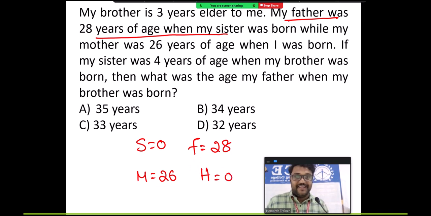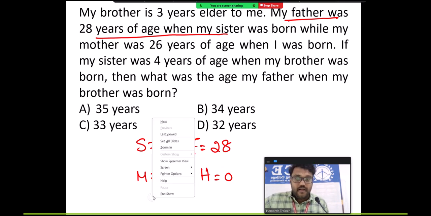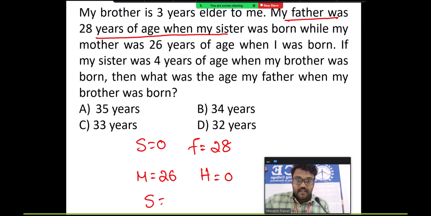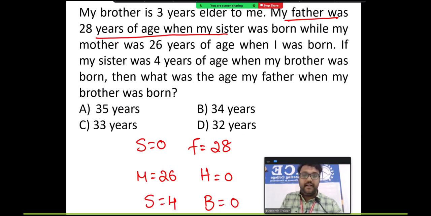So H equal to 0, mother will be 26. Then they said sister's age equal to 4 when brother's age equal to 0. My sister was 4 years of age at the time of my brother's birth, right? So brother, B is for brother. Okay, so at the time of brother. Fine.